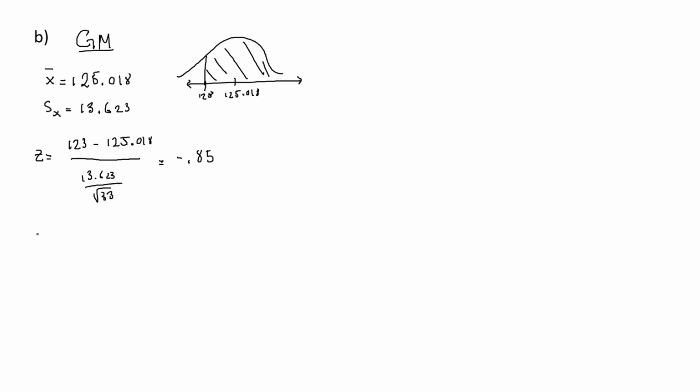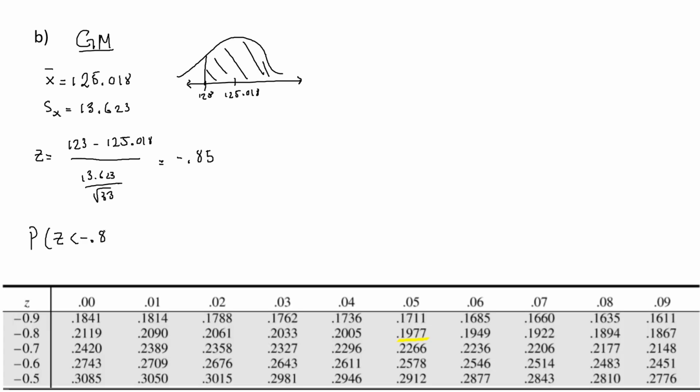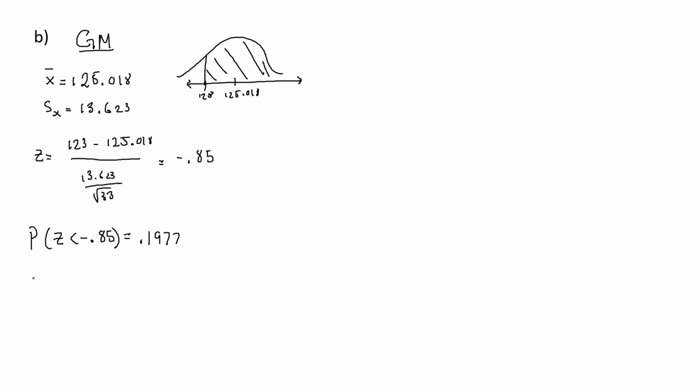Looking at the table of a normal distribution, we can find that a z-score less than negative 0.85 will have a probability of 0.1977. Again, our goal is to figure out greater than 123 bushels, so this is the same thing as 1 minus the probability of our z-score.